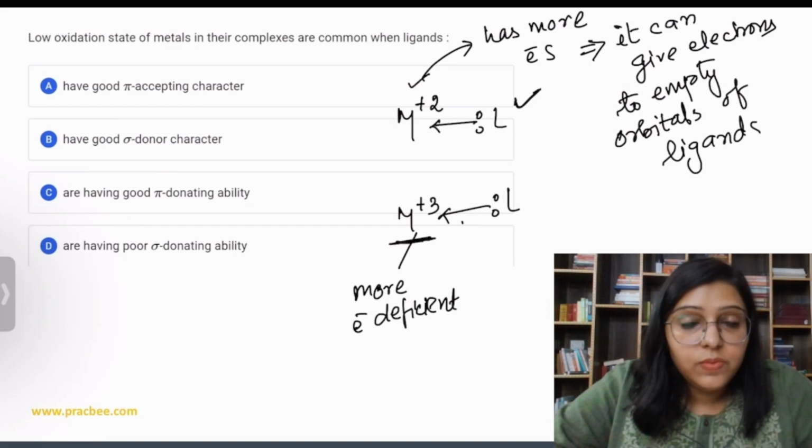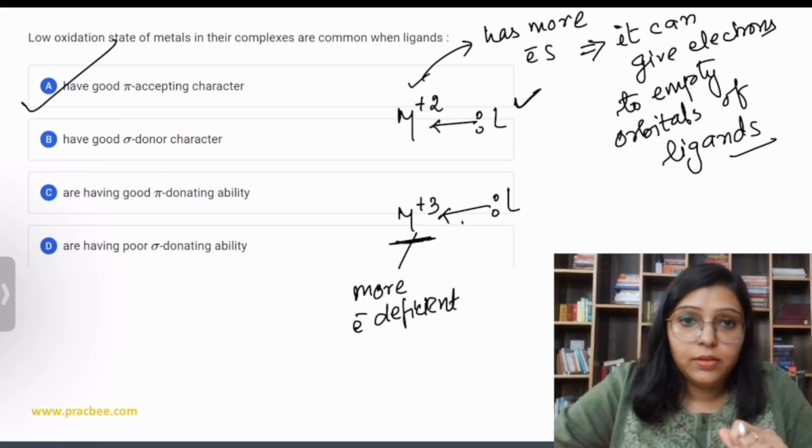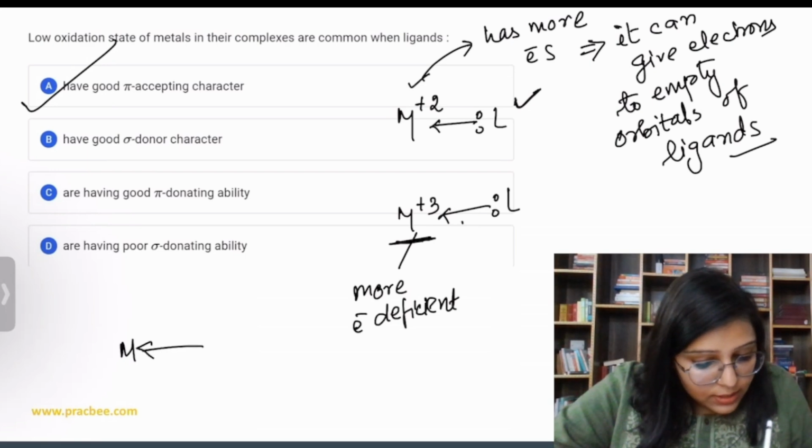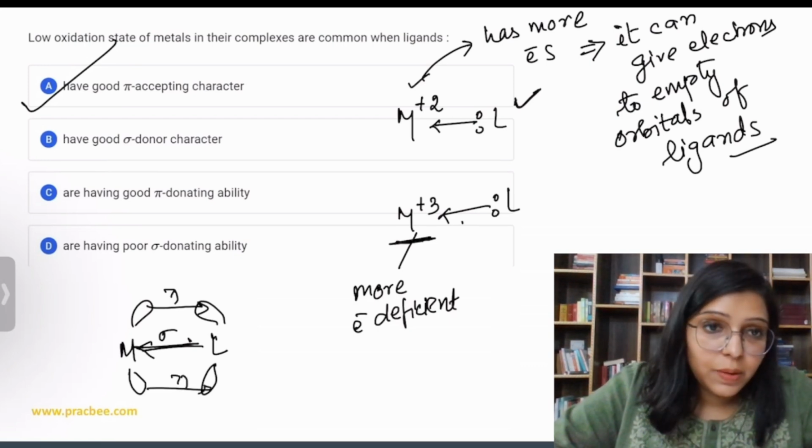So we can say this happens when ligands have good pi accepting character. First, ligand to metal sigma bond, and then metal to ligand pi bond.